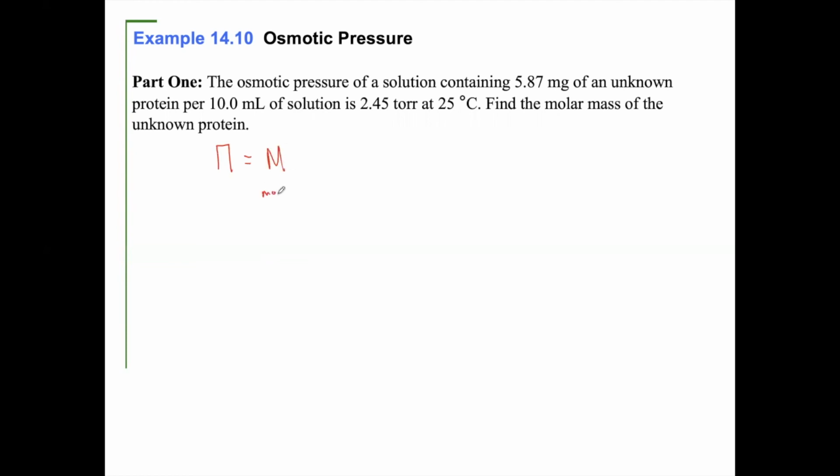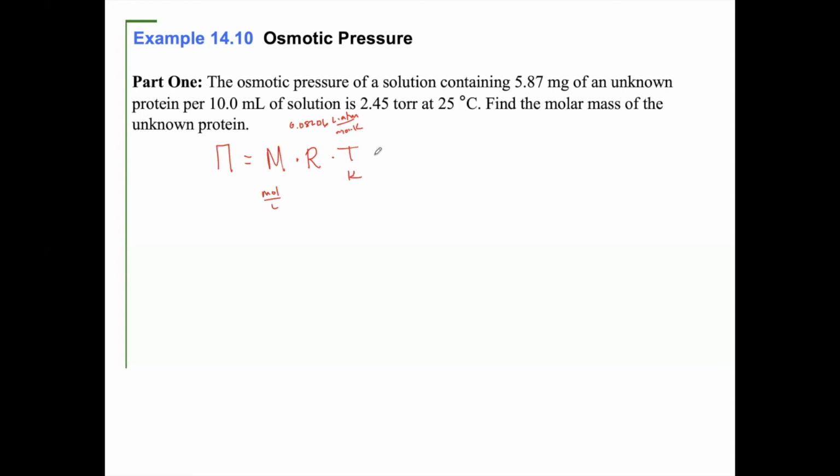So moles per liter times the ideal gas constant. Remember this guy, 0.08206 liters times atmospheres over moles times Kelvin, times the temperature in Kelvin. Okay.